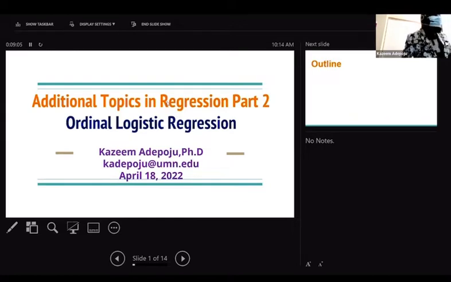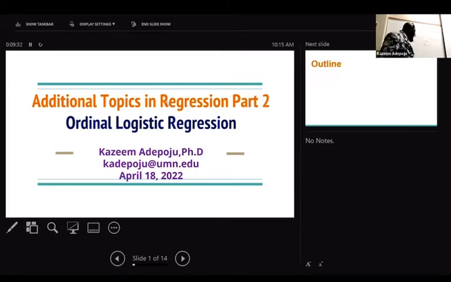If I'm talking about white and black, and I code this as 1 and this as 0, that doesn't mean this is greater than this. It's just labeling. So in this situation, these categories are not ordered.